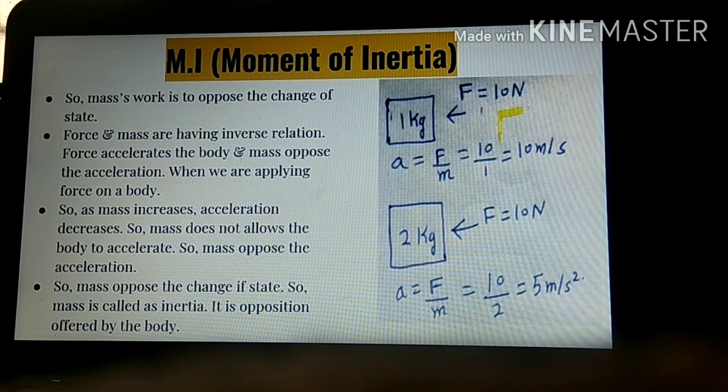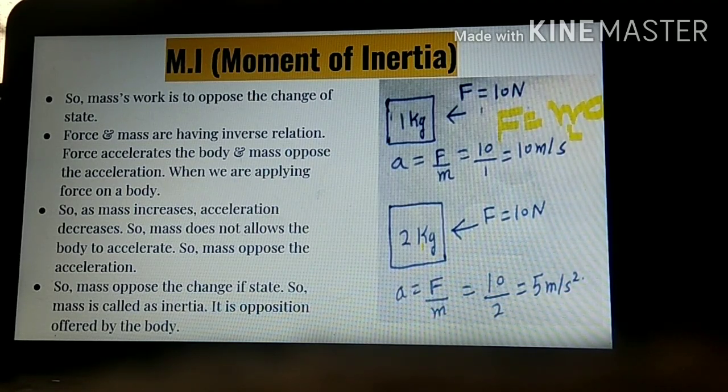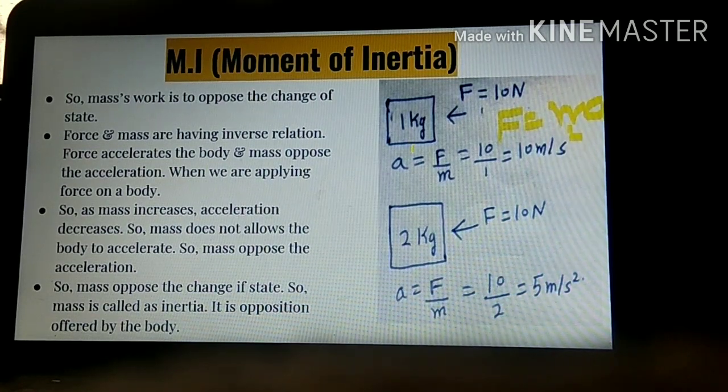You should know that F is equal to m into a, so acceleration can be written as F upon m. Force is 10 and mass is 1, so 10 upon 1 gives 10 meter per second square. In the next case, I have increased the mass of the object. Previously it was 1 kg, now I have increased it to 2 kg.